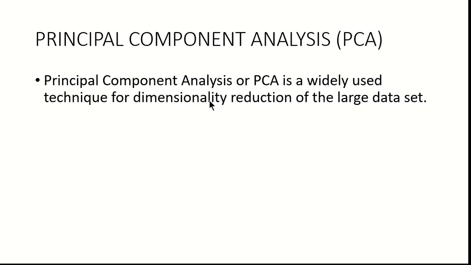Principal component analysis, or PCA, is a widely used technique for dimensionality reduction of large data sets. Think about a data set which has 1,000 columns, 1,000 features in the table. In those 1,000 columns, maybe only some 800 columns are relevant, and the other 200 are not.